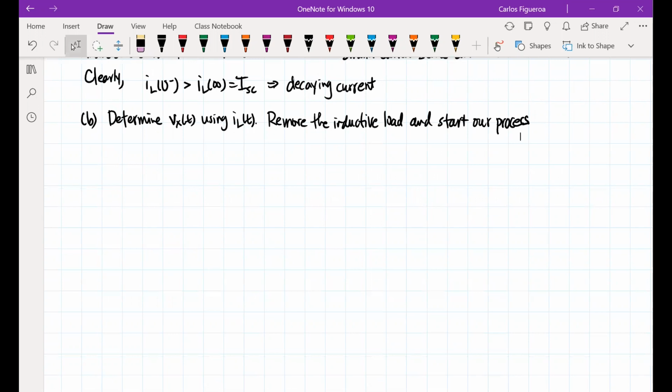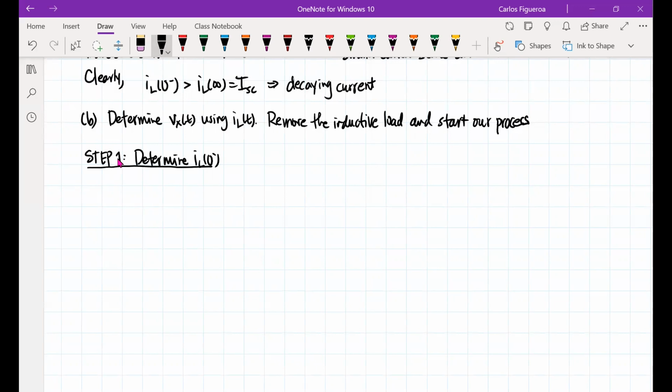So here's what I know. The first thing we should do in this process, just to be complete, though we've already done this, is determine IL of 0 minus. So before this switch, what do we have?